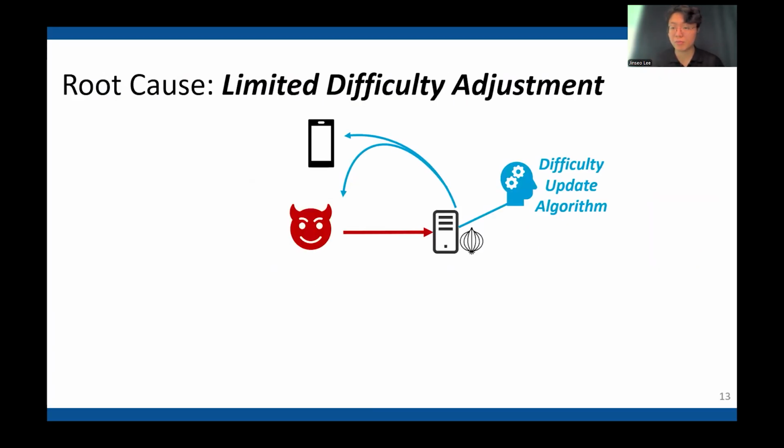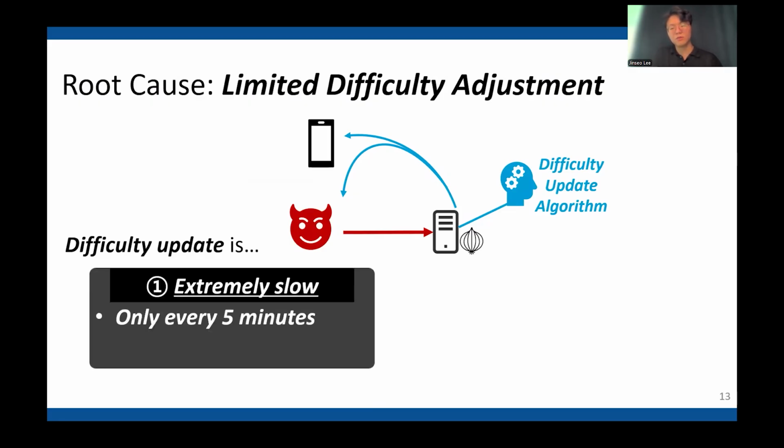In addition to the problem of the symptom-based congestion measurement, there is yet another, perhaps more fundamental problem. Namely, the difficulty update mechanism is very limited in practice. It is first extremely slow, updated only every 5 minutes, and it cannot go faster.